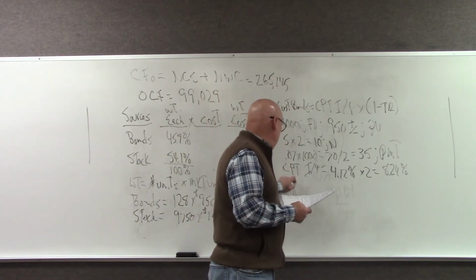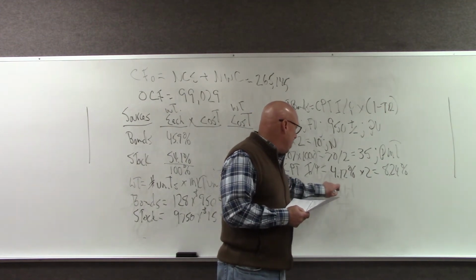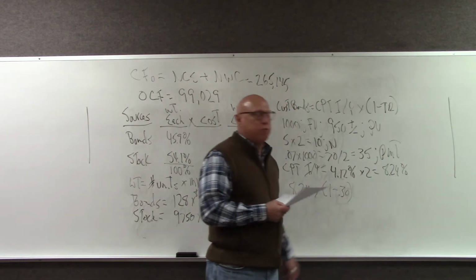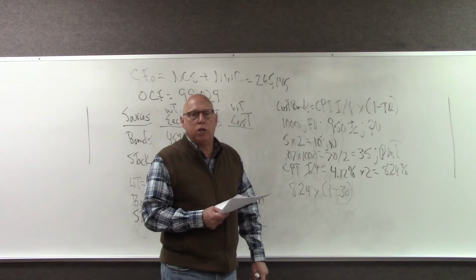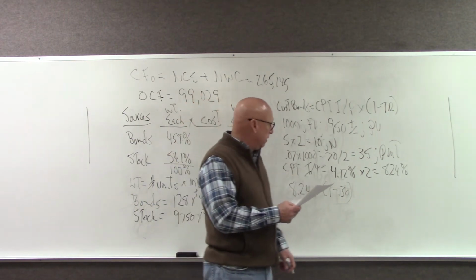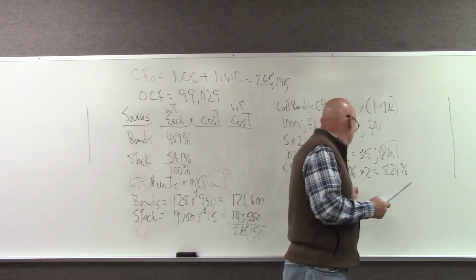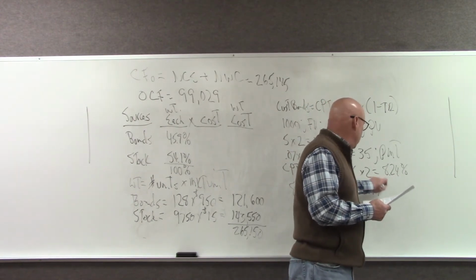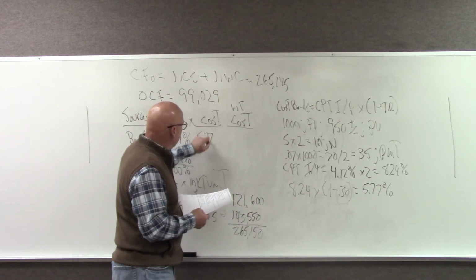We're going to take 8.24% and multiply it by 1 minus the tax rate to get our after-tax cost, because we can deduct it, which means the government is subsidizing or reducing the cost of our interest for us. Okay? And we get 5.77%. That's how much this capital is going to cost us.